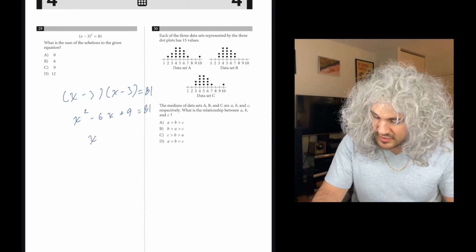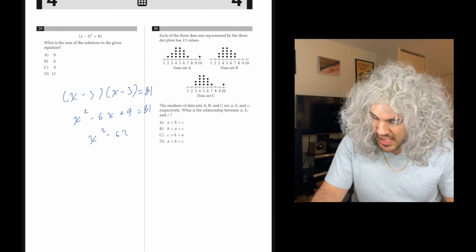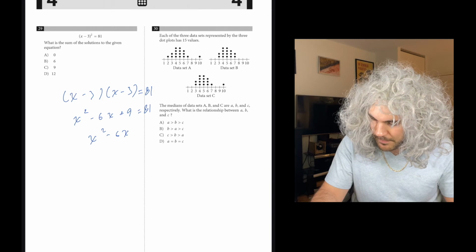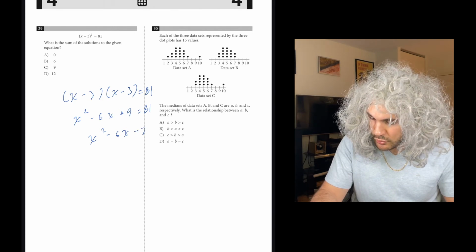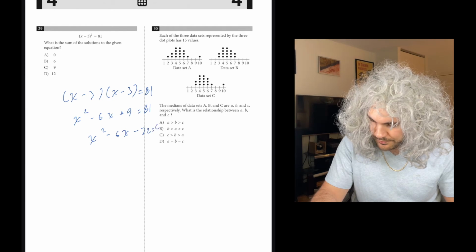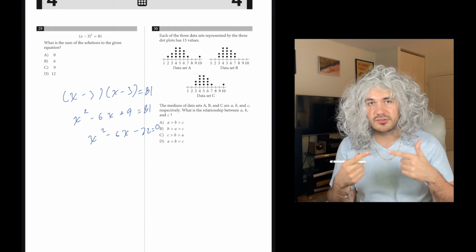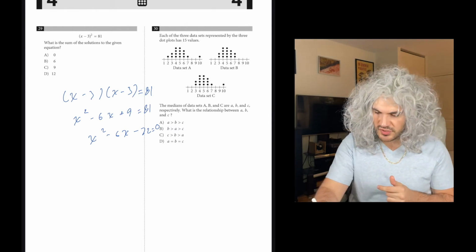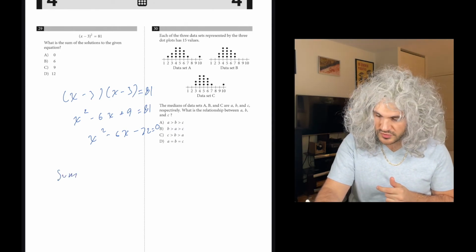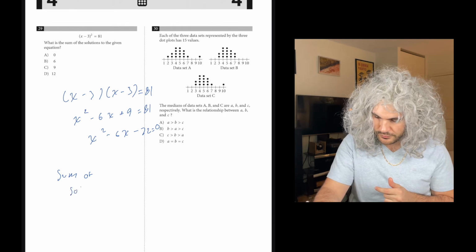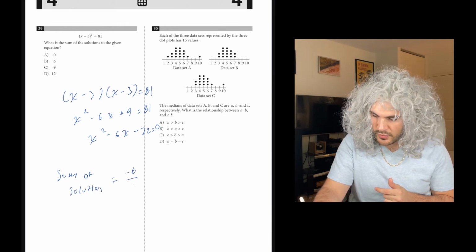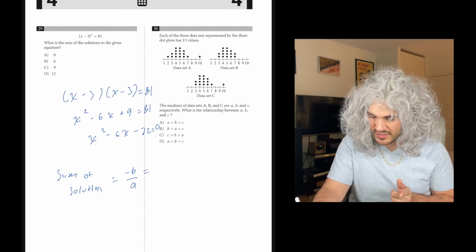So this is x squared minus 6x minus 72 equals 0. Now, there is a beautiful shortcut to get the sum of the solutions: sum of solutions equals negative b over a. So it's going to be 6 over 1, which is 6.